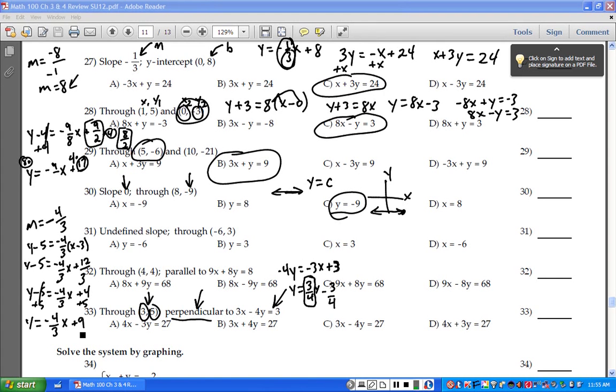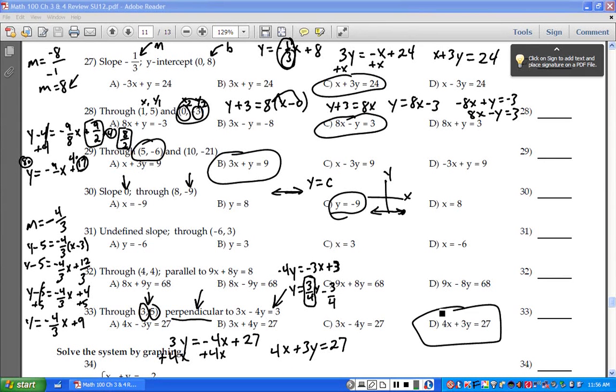That's in slope-intercept form, but I need standard form. Can't have fractions, so I multiply everything by 3 to get rid of the fraction. So that gives me 3y equals negative 4x plus 27, add 4x, so that leaves 4x plus 3y equals 27. Number 33, 4x plus 3y equals 27. D is your answer.